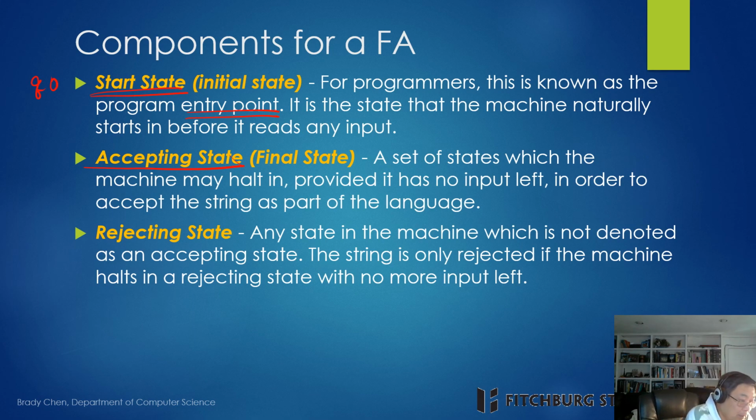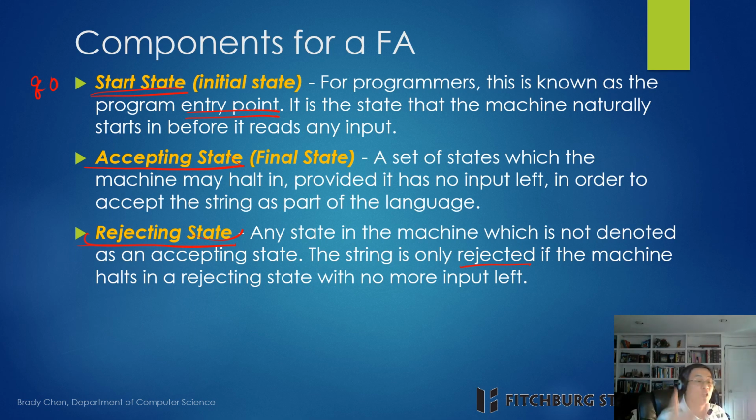Now, another state is called a rejecting state. It's any state in the machine which is not denoted as an accepting state. So the string is rejected only if the machine halts in a rejecting state with no more input left.